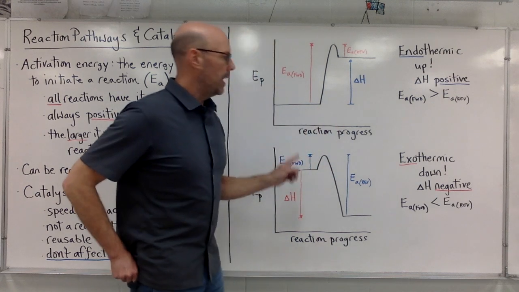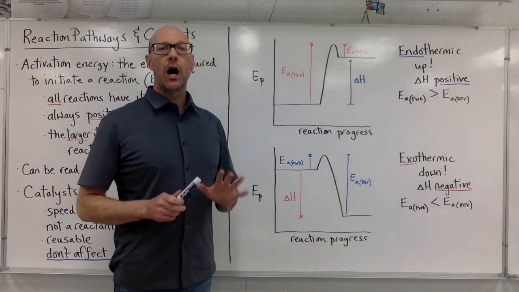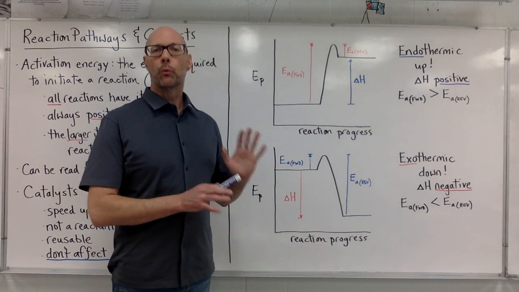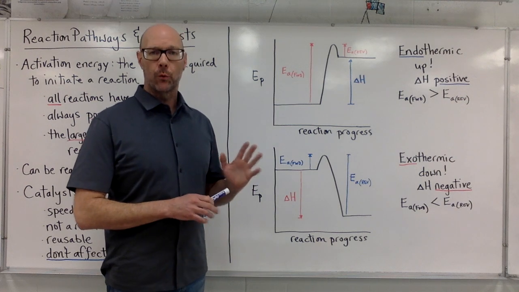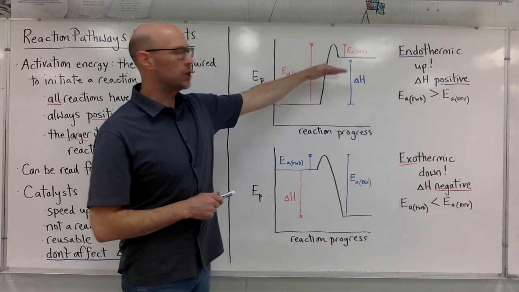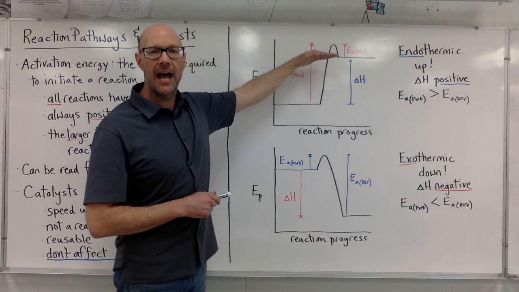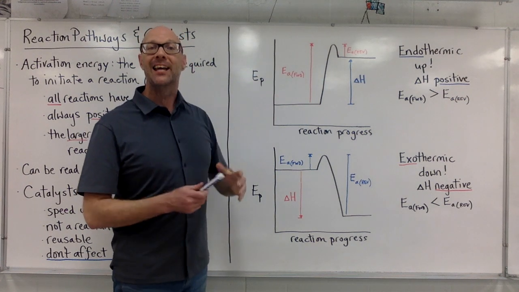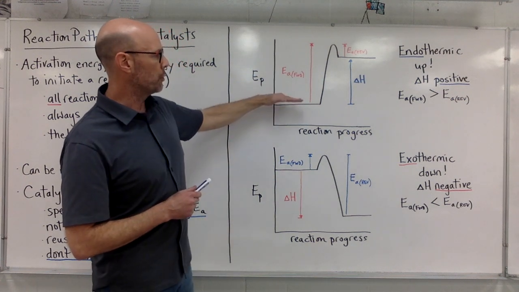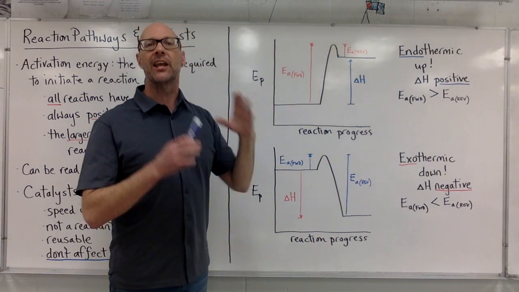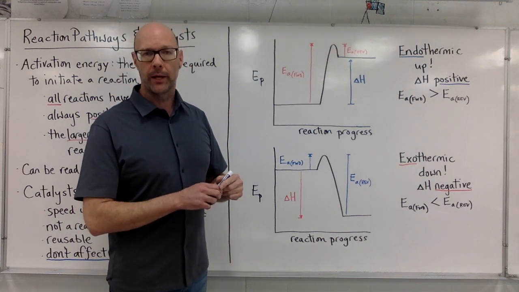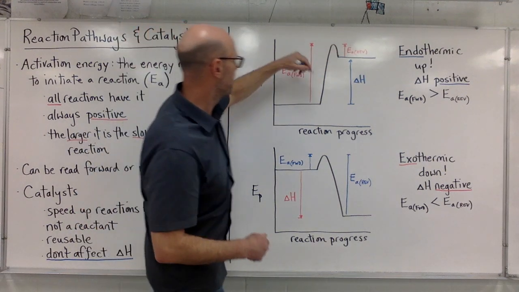Here, my two reaction pathways do not have a catalyst on them right now. Let me add one. We're not going to affect the delta H. We're going to lower the activation energy and provide a shortcut from the reactants to the products, an alternate pathway. It might look like this.